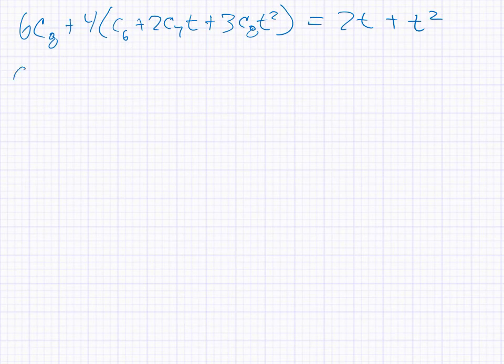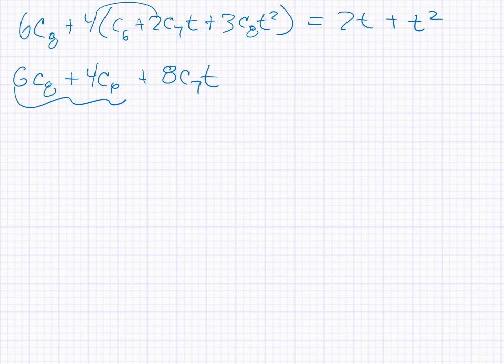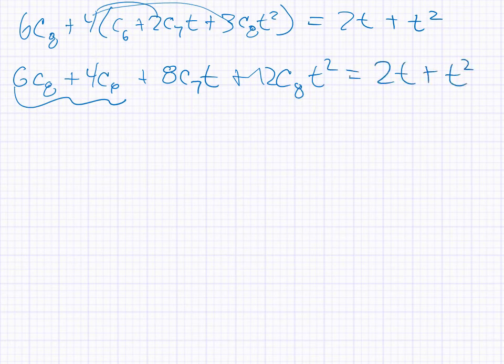So we have 6c8 plus 4c6, that's our constant, plus this will give me 8c7t, and then this will give me 12c8t squared equals 2t plus t squared.